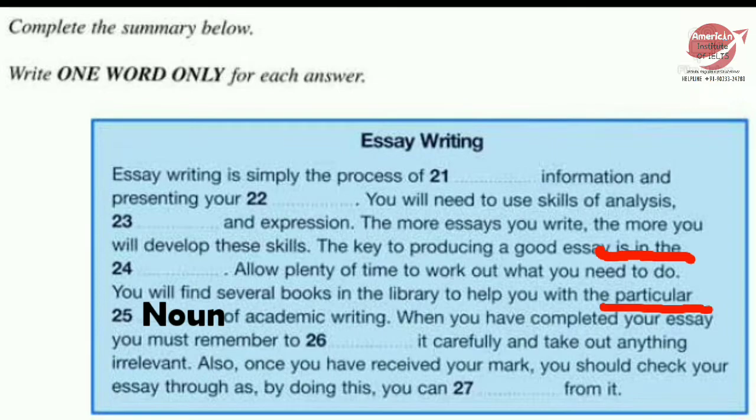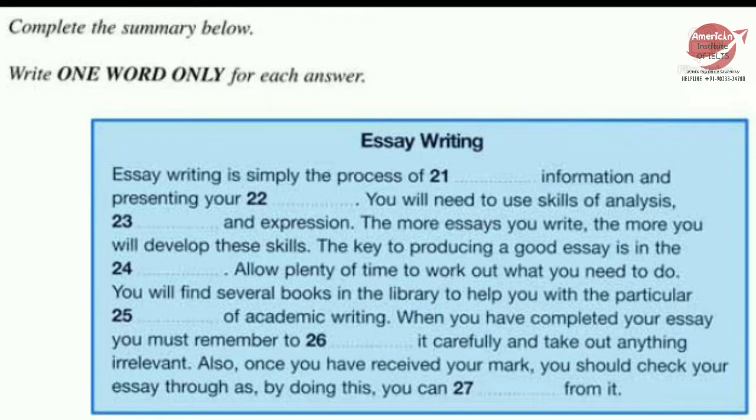When you have completed your essay, you must remember to dash it carefully. You must remember to. To means you need a verb. Why I'm doing these activities, my most important aim is for you to understand what you actually need to write in your blank. You need a noun, adjective, verb, or adverb, and in this case for 26 you need to put a verb. So you must remember to proofread it carefully and take out anything irrelevant.